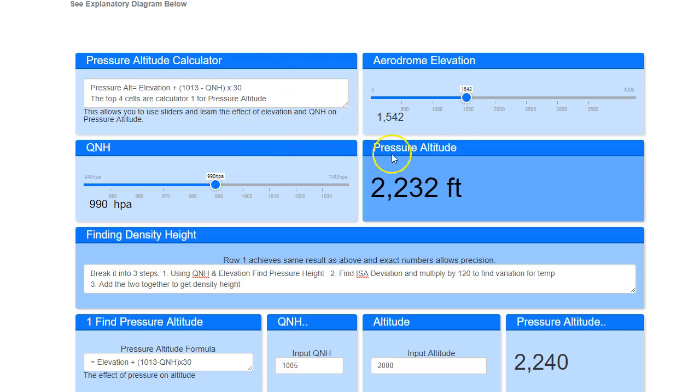So this first section is just to do with pressure altitude. Now, pressure altitude simply means what is the difference in our aircraft's lift performance, okay? And it affects the engine as well, but due to the pressure being different to a standard atmosphere. Now, a standard atmosphere is 1,013 hectopascals.